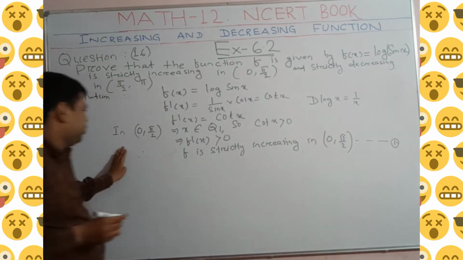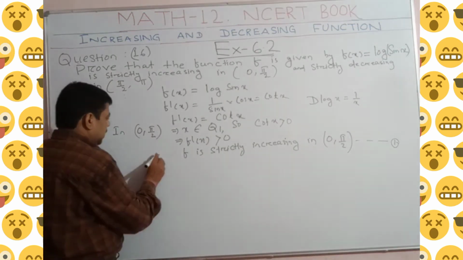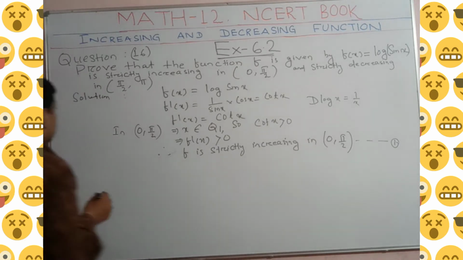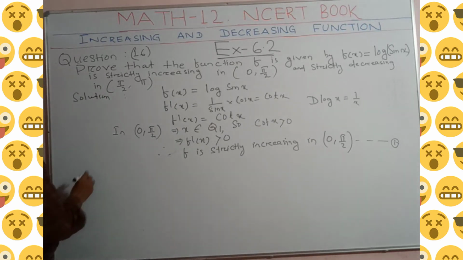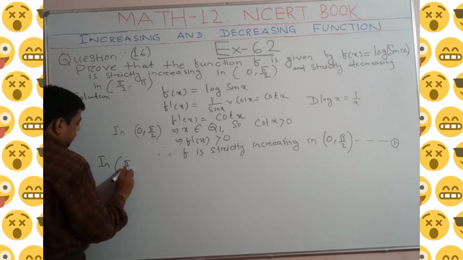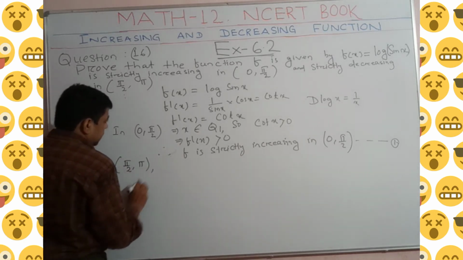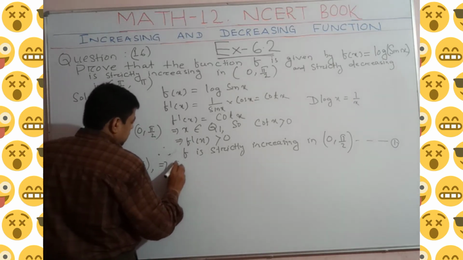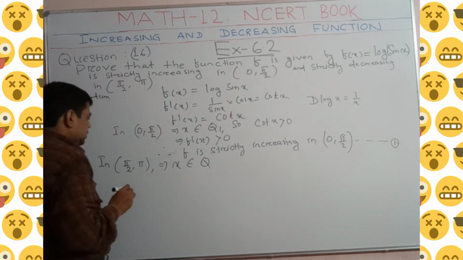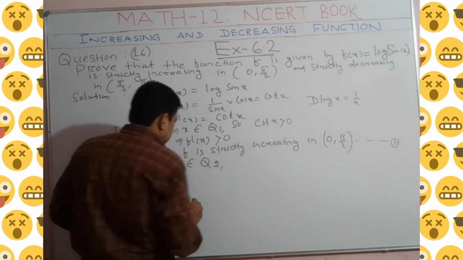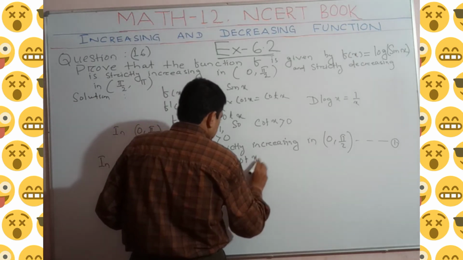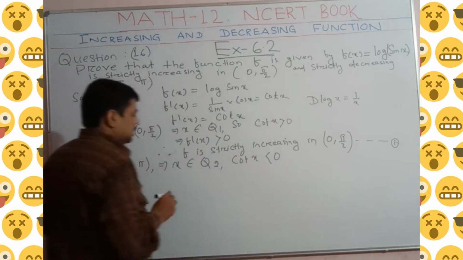Let us come to the second point. In the second point, we have to check that the function f is strictly decreasing in the interval pi by 2 to pi. It means the angle x lies in the second quadrant. In the second quadrant, we know that cot x is less than 0.